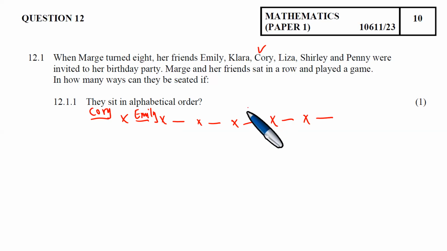And then you have the next one. Oh yes, we're done with Emily. And then you have K, Clara. We're done with Clara. Then L, Lisa. Right.